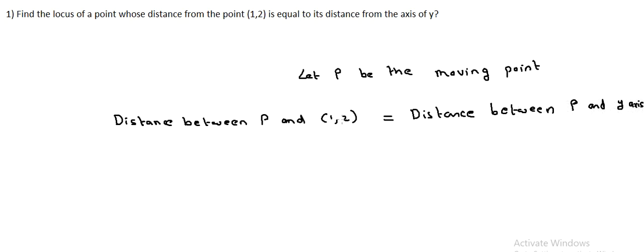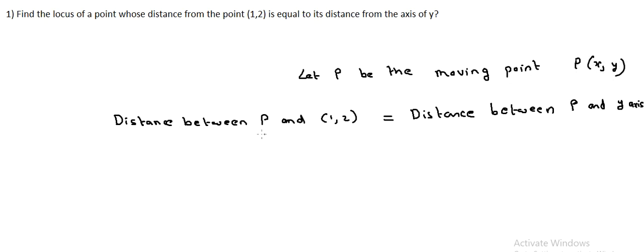So this is the condition given here. We have to find the path along which this point P moves satisfying this condition. So let P be the point (x, y).